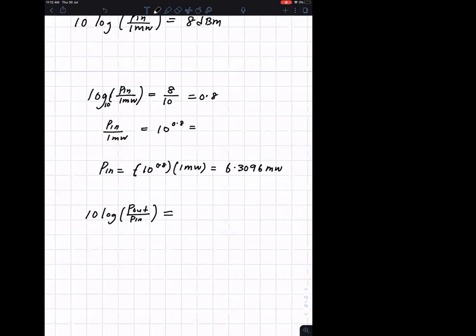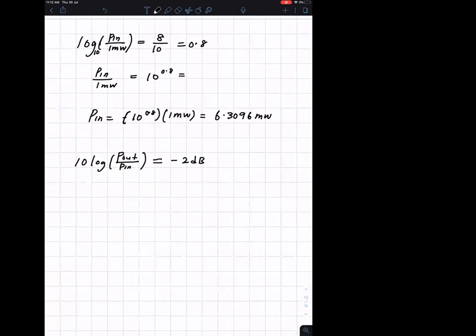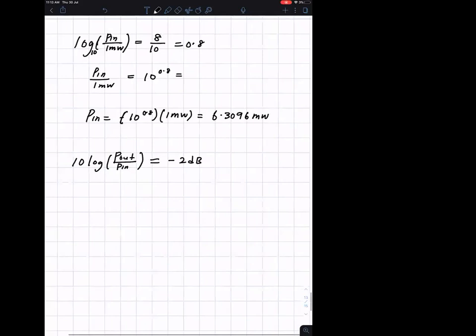And 10 log of that should give you an answer in dB, which was already given to you as minus 2 dB, right? Then from there you proceed solving them. Solve for P out.